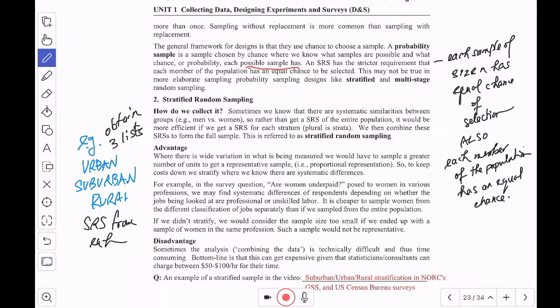This way you avoid missing representation of rural households and biasing your findings. I'm hoping my writing isn't messy, but the fact that I look back and I don't know what it says is an indication that it's messy.